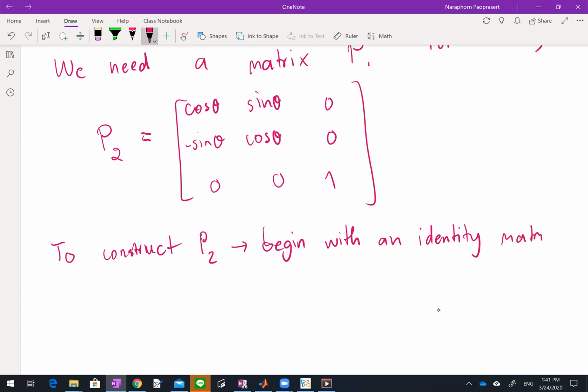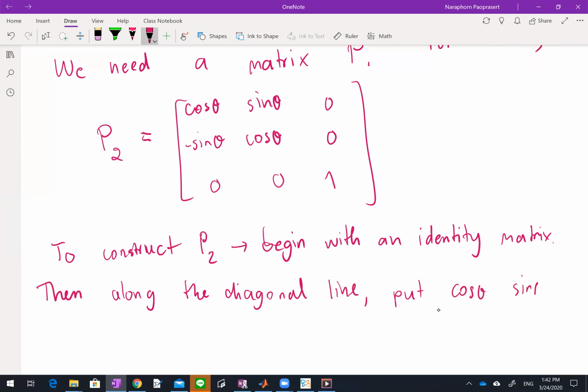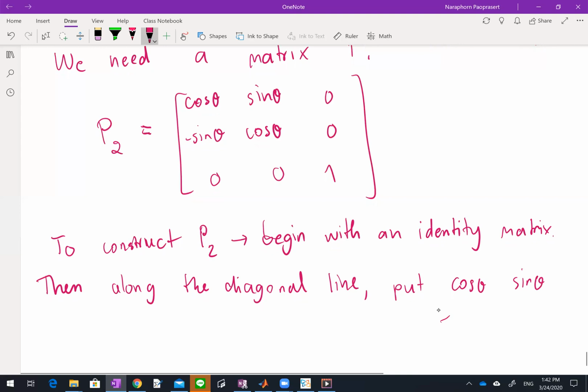So you begin with an identity matrix, and then along the diagonal line, you can put cos, sin, minus sin, and cos there.